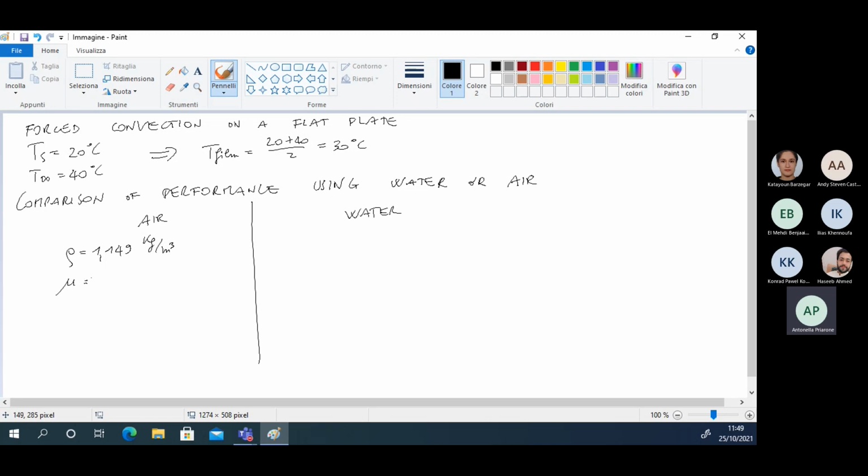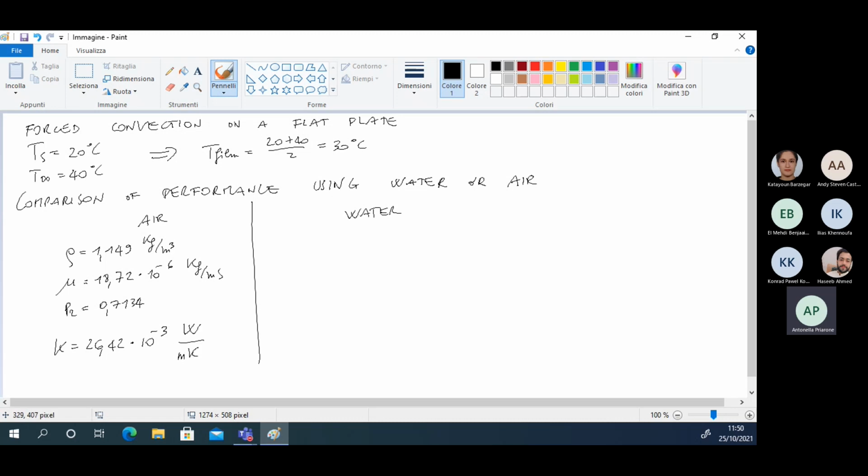Dynamic viscosity for air is 18.72 times 10 to minus 6 kilogram per meter second. Prandtl number 0.7134. Thermal conductivity 26.32 times 10 to minus 3 watt per meter Kelvin.